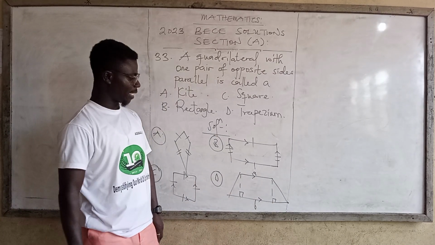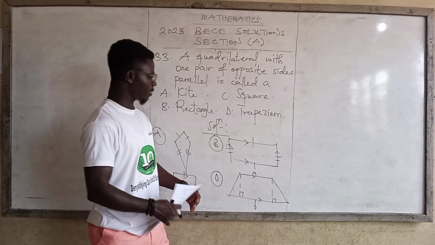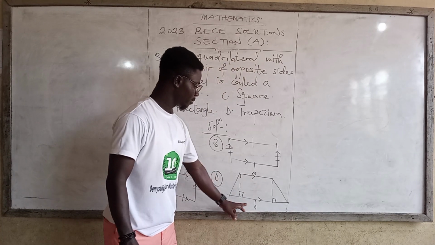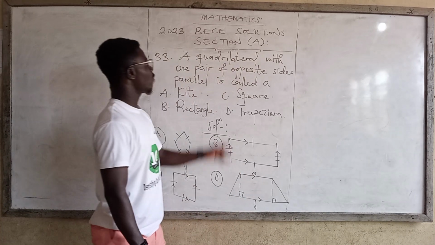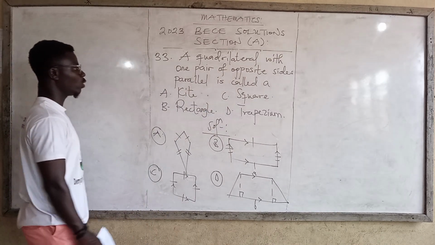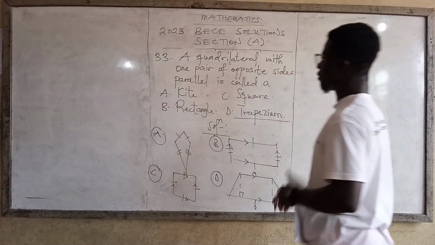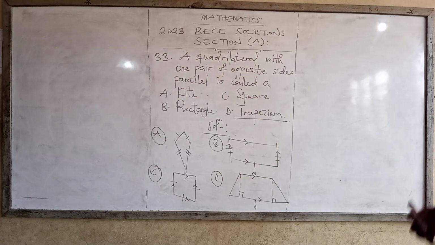To the baseline, B. So a quadrilateral with one pair of opposite sides parallel is called a trapezium. That's a trapezium. So you have a quadrilateral with one pair of opposite sides.